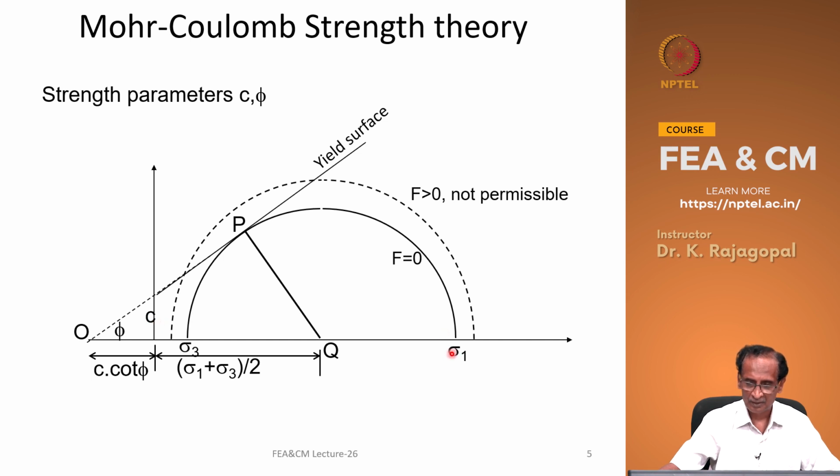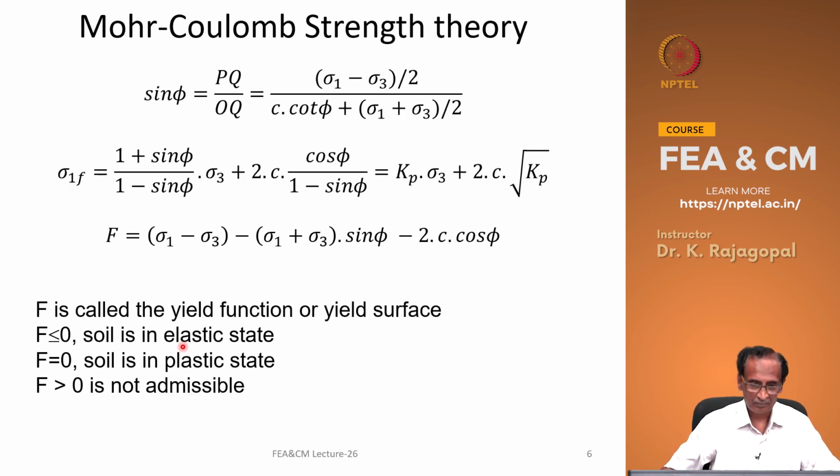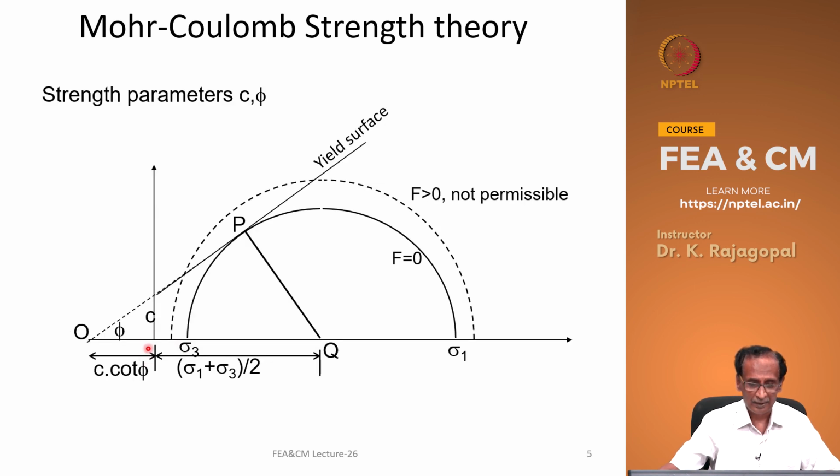The sigma 1 is the maximum principal stress, sigma 3 is the minor principal stress, and sin phi is PQ by OQ. PQ is the opposite and OQ is the hypotenuse. OQ is this C times cotangent phi, this small length up to the y axis, plus this length, that is the mean normal stress, sigma 1 plus sigma 3 by 2.